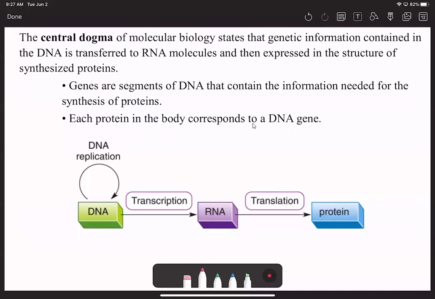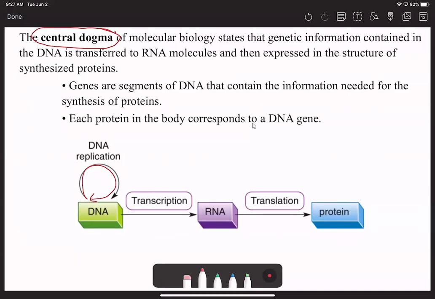We already know that DNA... I think biologists are funny people. They make a really big deal about what they call the central dogma, right? I think they overcomplicate it. The central dogma is very simple to understand. When you go to biology and they talk about it for 3 days, it comes down to this: DNA can make more DNA, and we've already talked about that, right?